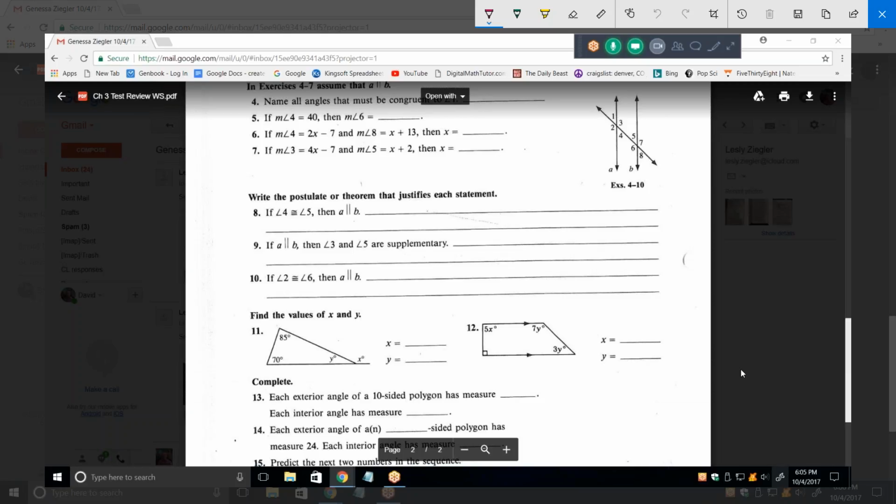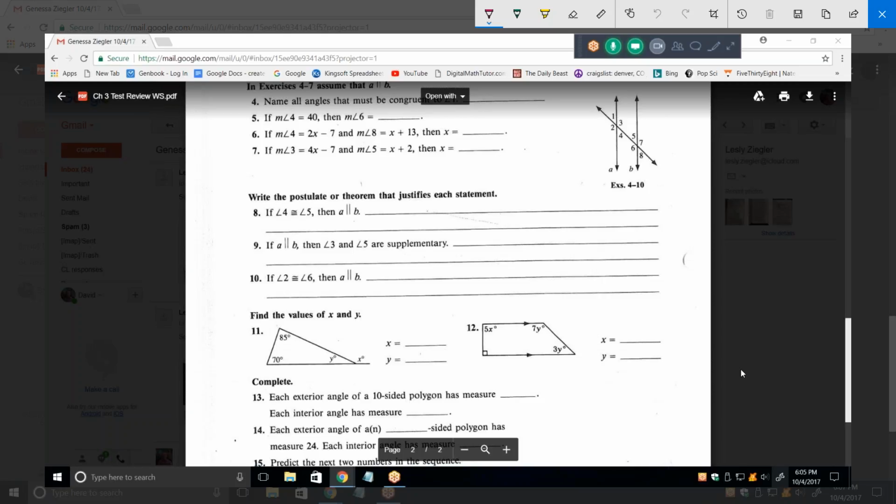There are 4 types of angles when you have parallel lines and a transversal. You have alternate interior, you have alternate exterior, you have corresponding, and you have side by side. And those are the only 4 that they make you memorize. So what are 4 and 5?